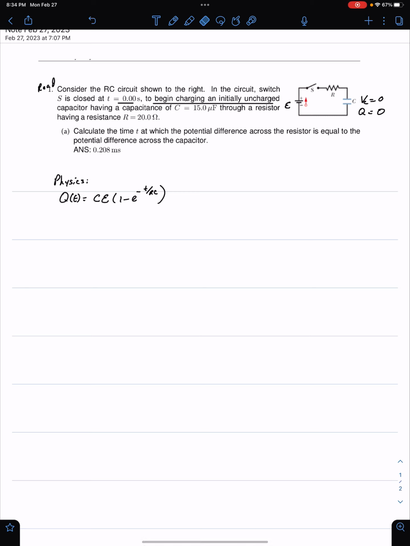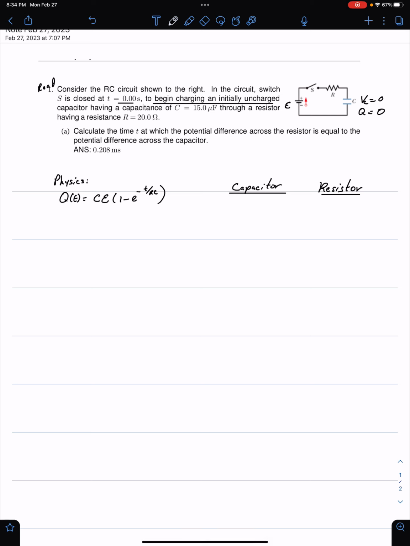A capacitor does not have current going through it. So you can never solve for how much current is going through a capacitor. But a resistor does have current going through it.